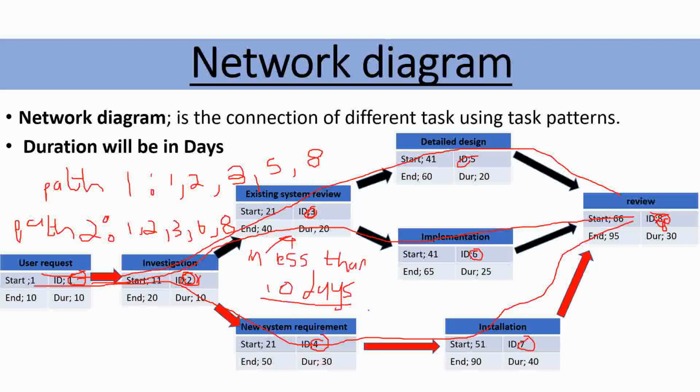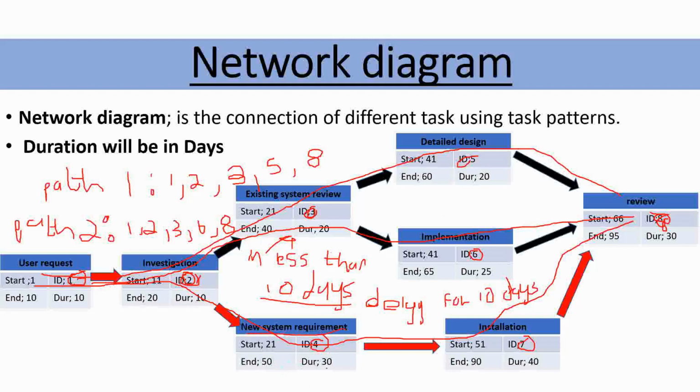Therefore, it can be delayed for 10 days. It can be delayed for what? For 10 days. But the new system request doesn't have a slack time because it cannot be delayed by any amount of time.